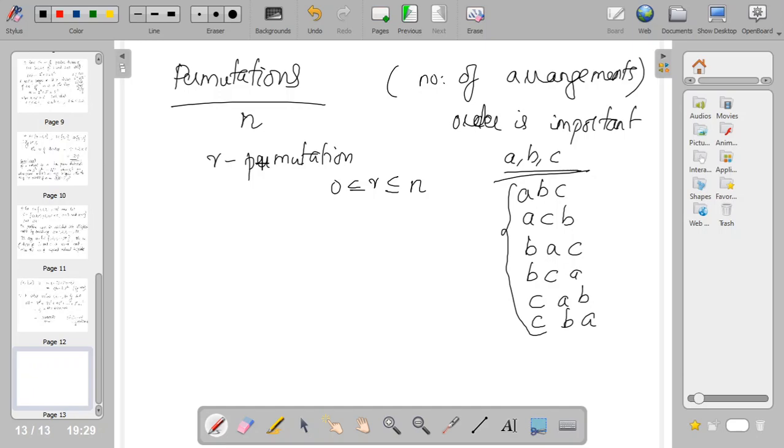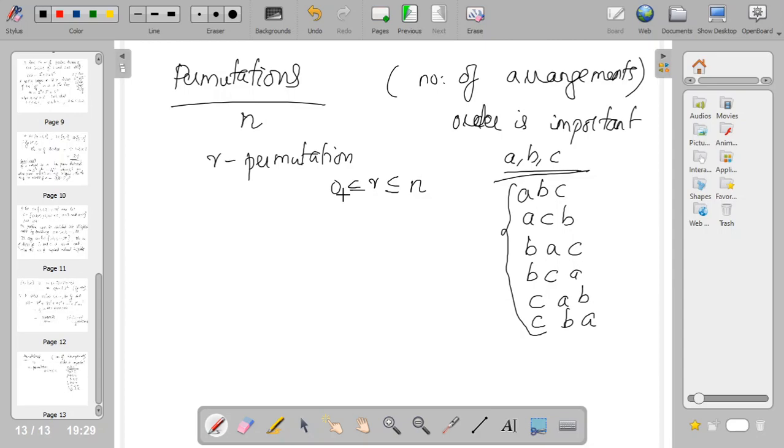So you are given n objects, and from those n objects we have to select R objects and arrange them. So that is the meaning of R permutations when you are given n distinct objects.